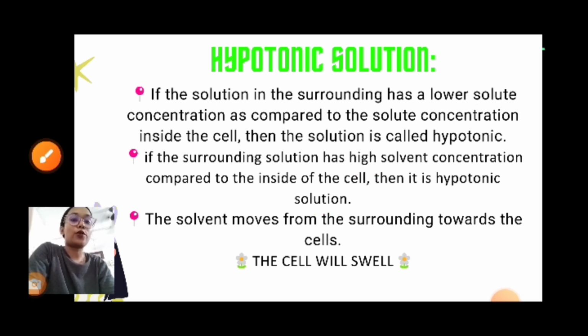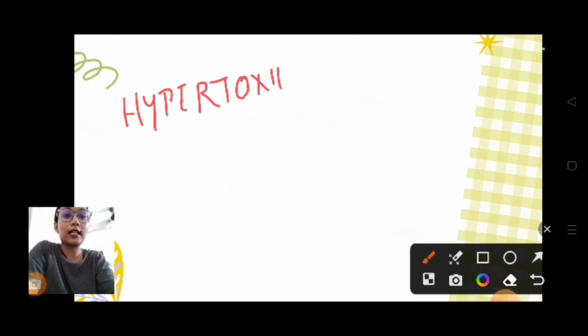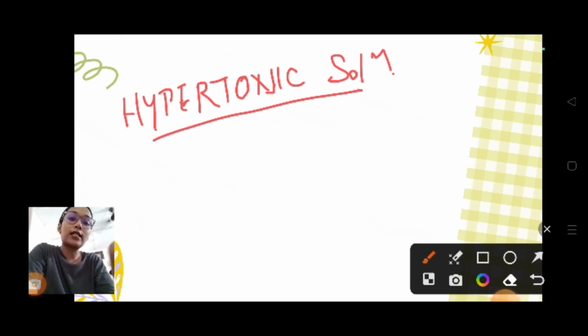Okay, so moving on to the next solution, that is hypertonic solution. This is the opposite of hypotonic solution. What happens here?